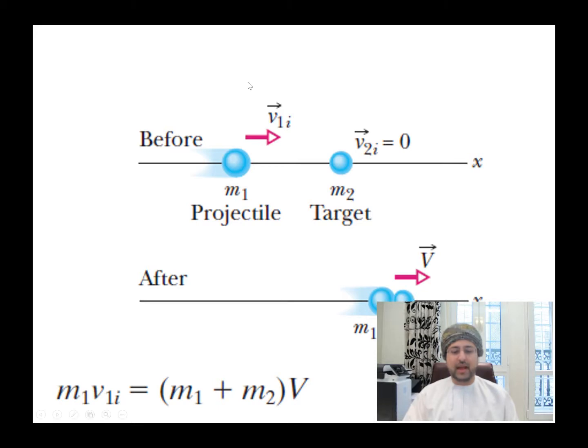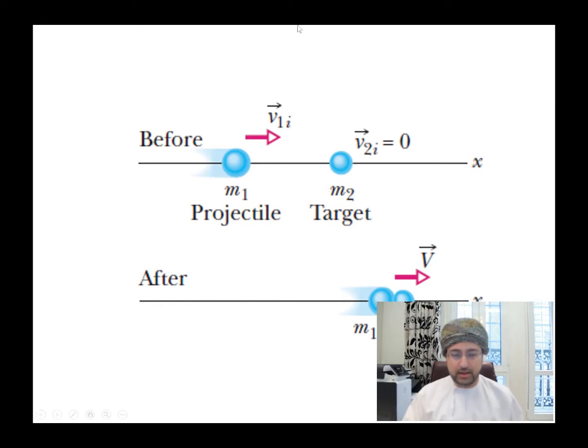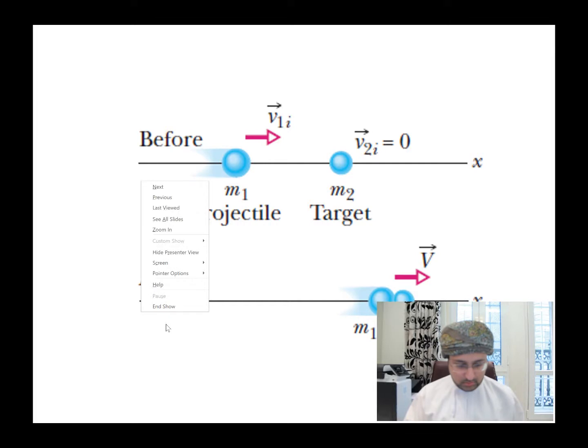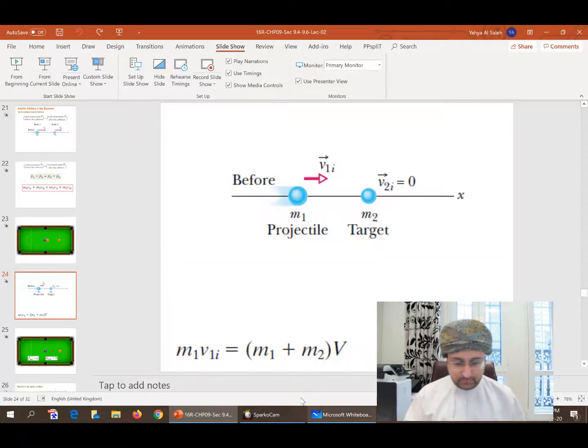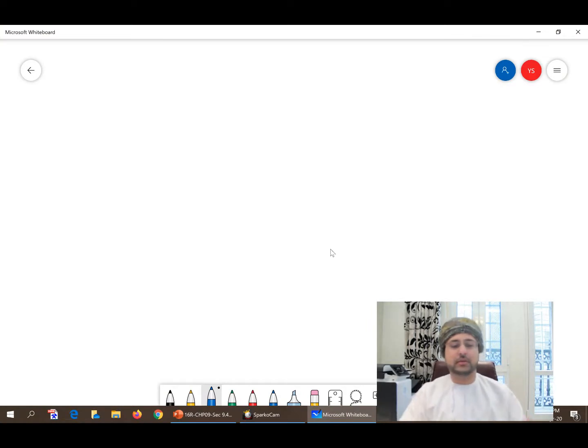Well, before we had M1 V1 plus M2 V2. Now I know you might be asking, okay, but this doesn't say this way. Well, let's not take any shortcuts, and let's do it in detail.